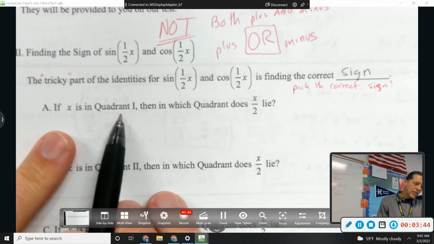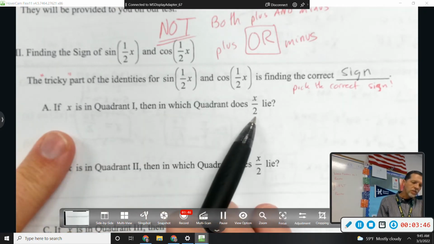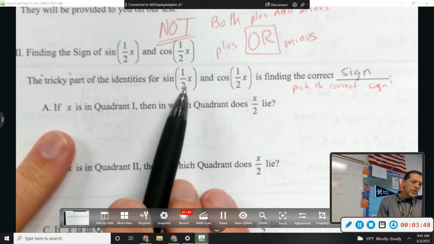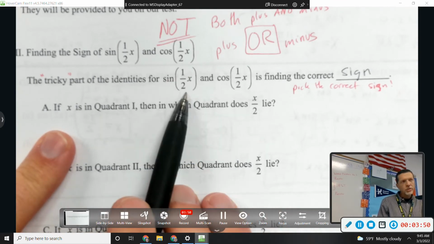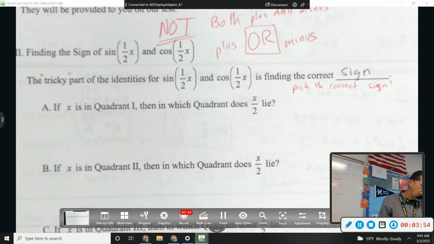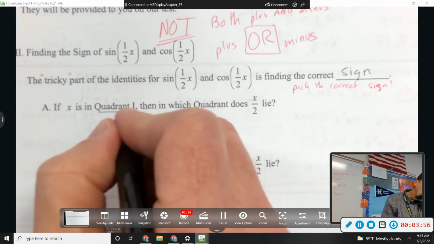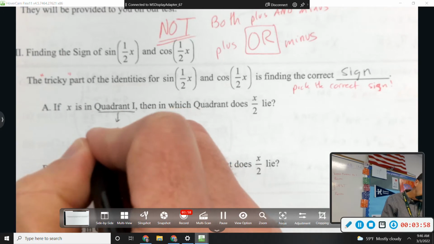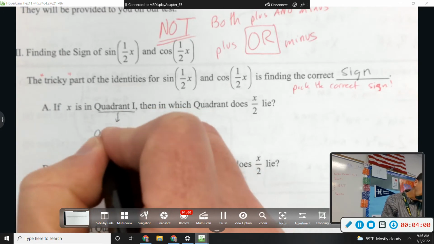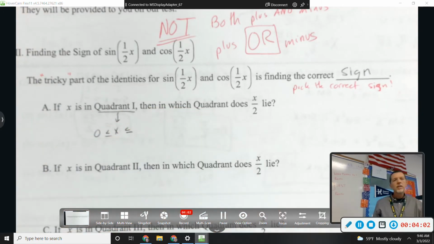If x is in quadrant 1, then which quadrant does x over 2 lie? Because the formula is about x over 2, and so we've got to figure out where x over 2 lies if we know where x is. Well, quadrant 1 means x is between 0 and pi over 2.